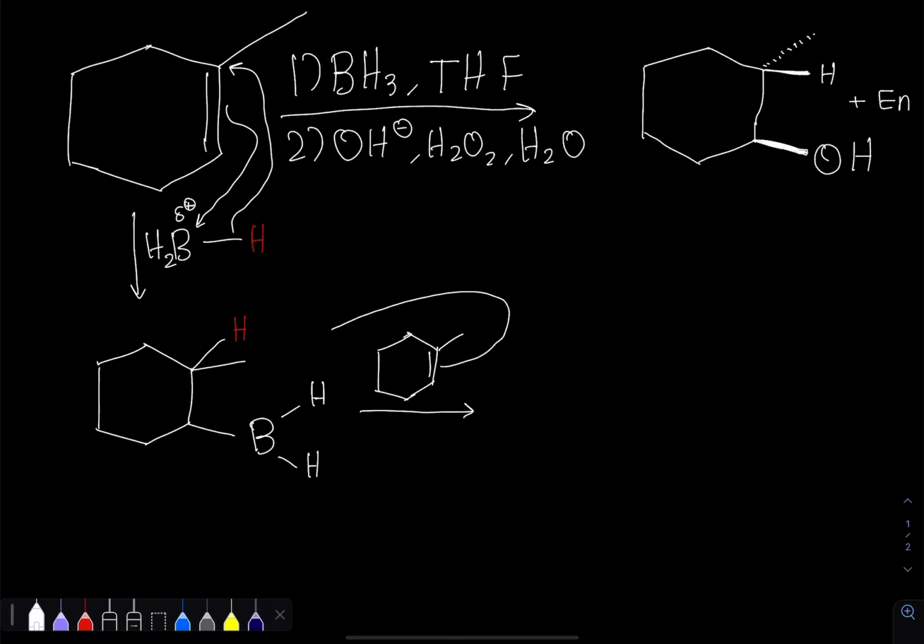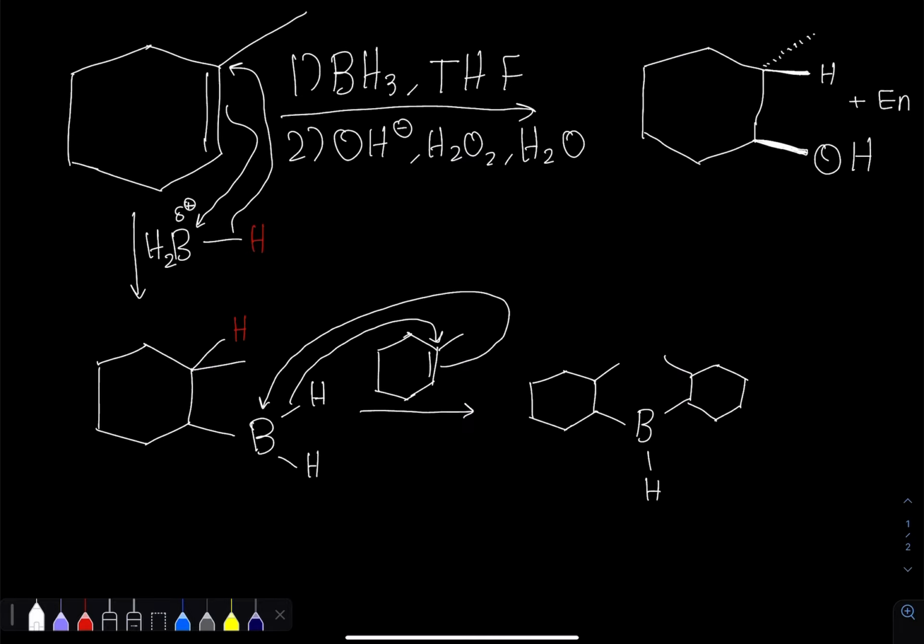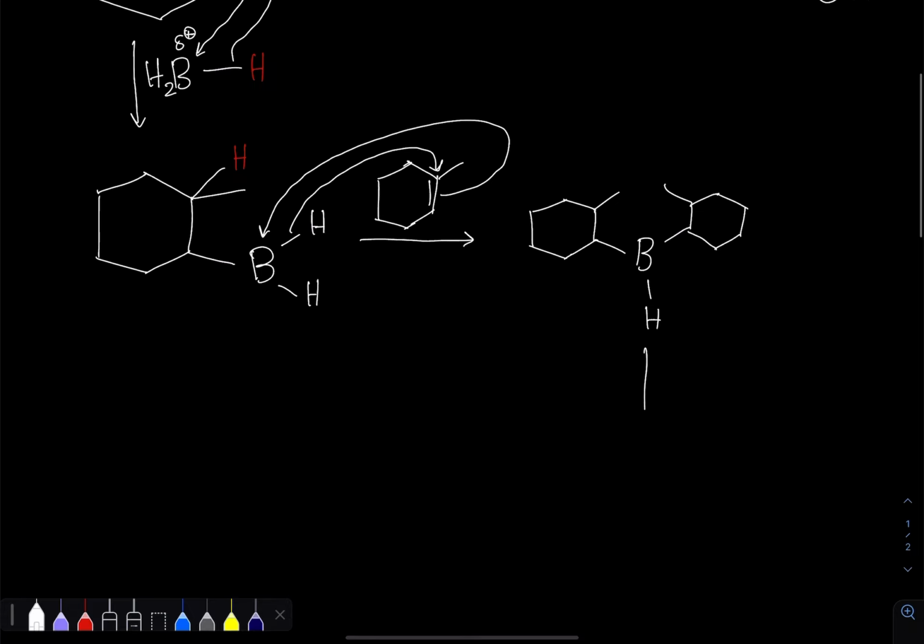The pi electrons attack the boron, the hydride attacks the carbon, and we're going to get another alkene coming in, and the same process would repeat. So the electrons attack the boron, and the hydride attacks the more substituted carbon.